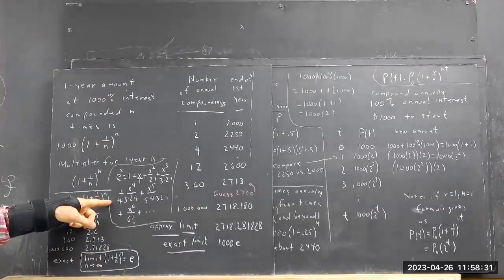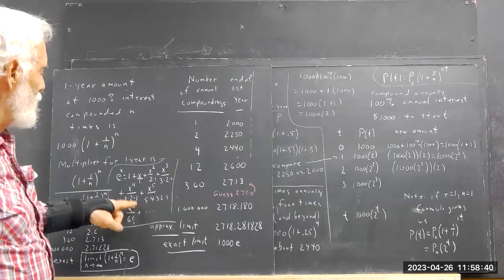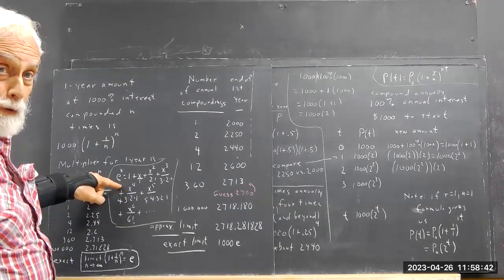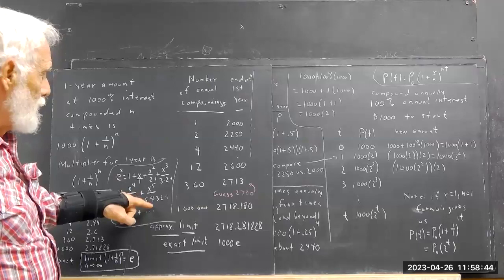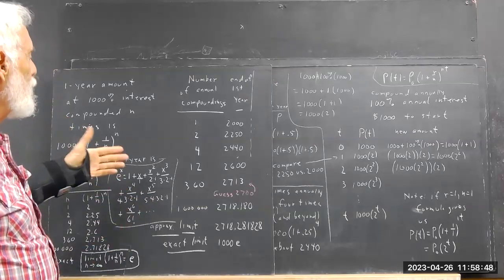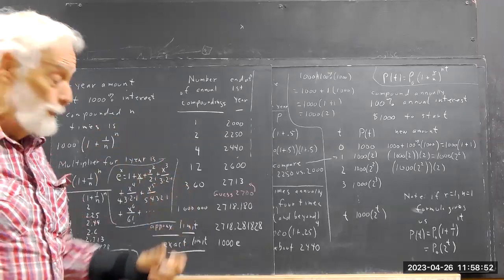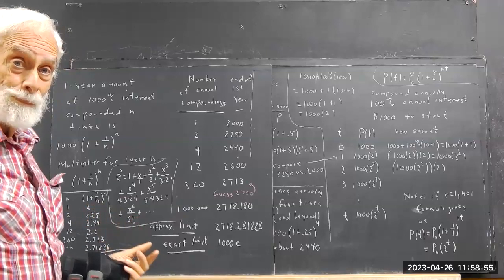Then this number is getting kind of small. It's 0.04, because 4 times 3 times 2 is 24. That gets us up to about 2.7 if you work it out. The next one is less than 0.01, and so forth. So if you keep adding these numbers, you keep adding tinier and tinier numbers.